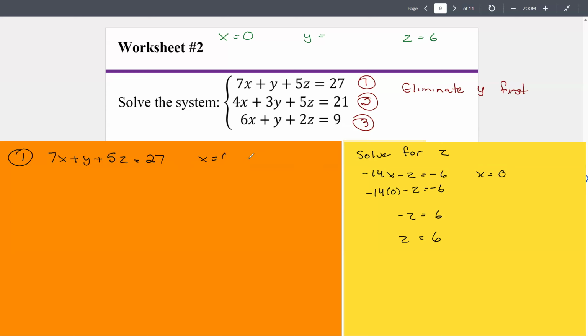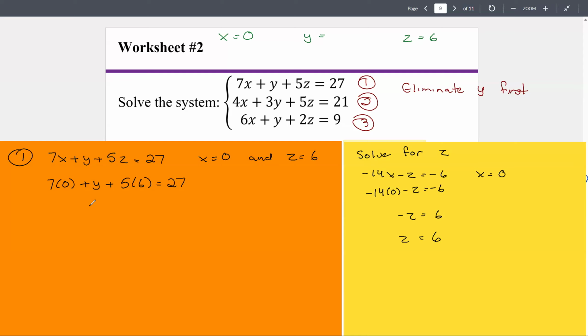And we know that x is 0, and we know that z is 6. So we have 7 times 0 plus y plus 5 times 6, and that's going to equal 27.